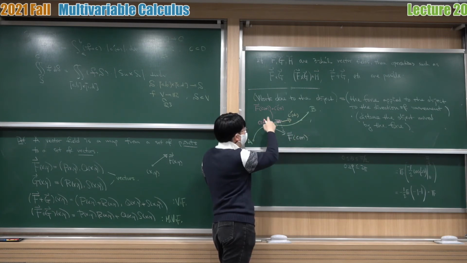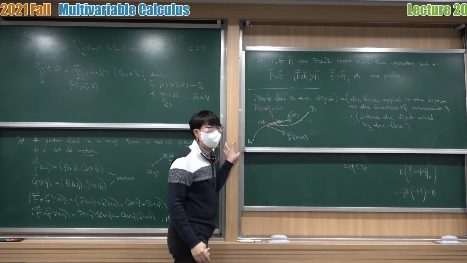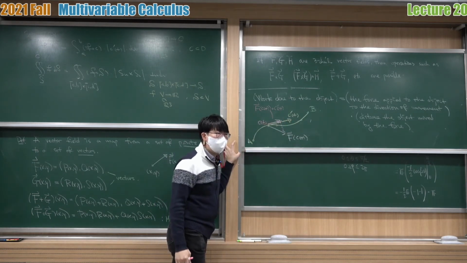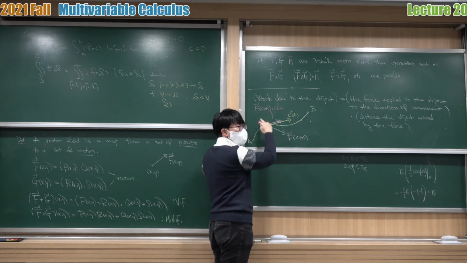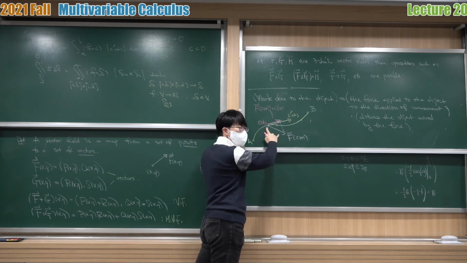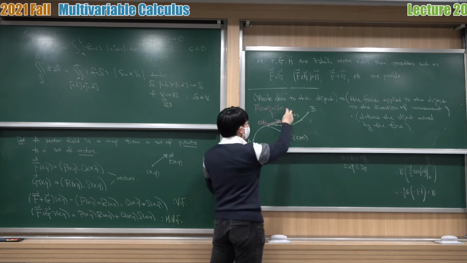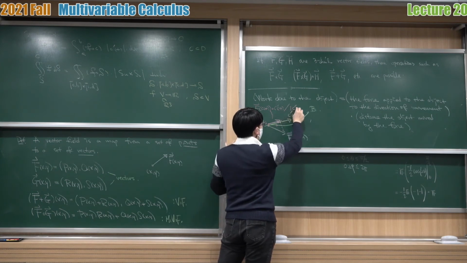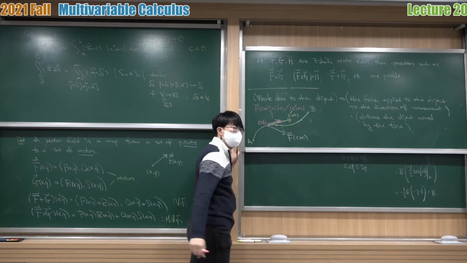So in order to find the cosine theta, you take the inner product, and then you divide it by the norm of vectors, right? So if you divide by the norm of F, then you are only left with the cosine theta. You don't want that. You still want this entire F, so you have to divide by only the norm of C prime. So this is our projection vector, okay?